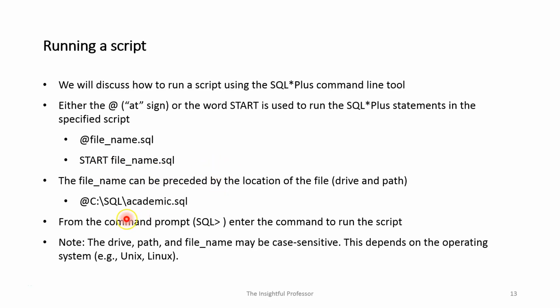Now, the name of the file can include a drive, such as the C drive, and some folder where the file might reside. And this could be a complex path going within a folder, within a folder, within a folder, and so forth. So you're basically given the location of where the script resides and then the name of the script. And all of this would be entered right after the command prompt, which by default is SQL greater than.